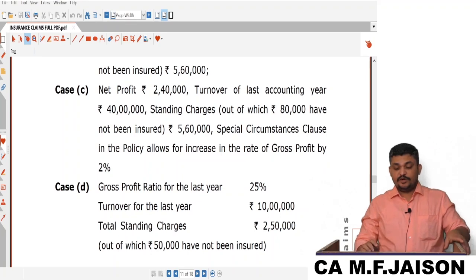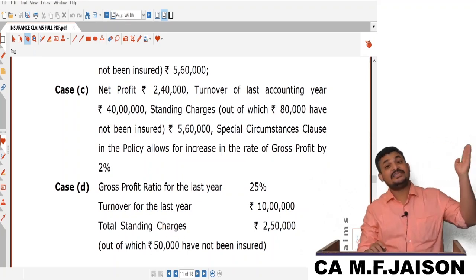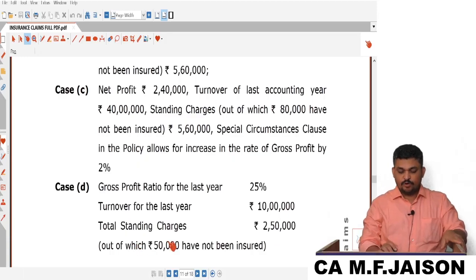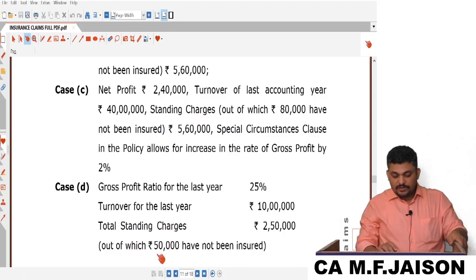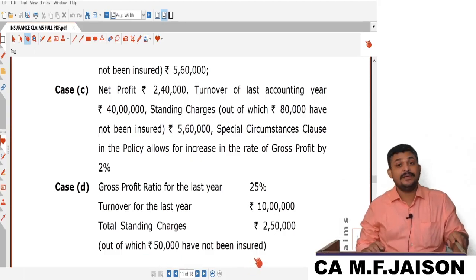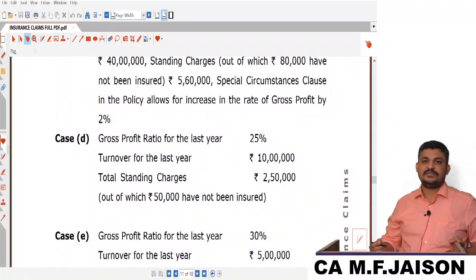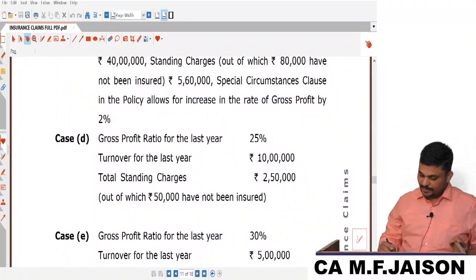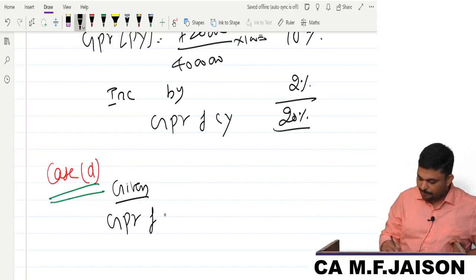Gross profit ratio of last year 25%, turnover for the last year rupees 10 lakhs, total standing charges rupees 2,50,000, out of which rupees 50,000 have not been insured. Okay, that's all. And the question is to compute gross profit ratio. So listen carefully, my dear friends. GPR of previous year given as 25%.